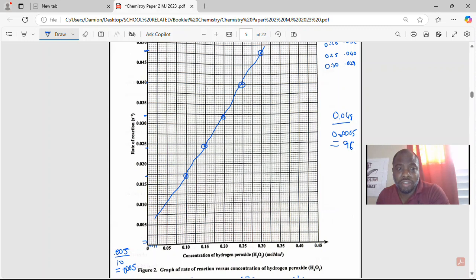Usually though, CXC would have given you, back in the day, just the grid and you would have to determine your scale. So they're even making it easier. They labeled the scale and they labeled your axis, so you can't make any mistake. Even when I was using this, I recognized that this has a rate of reaction, so I quickly adjusted.